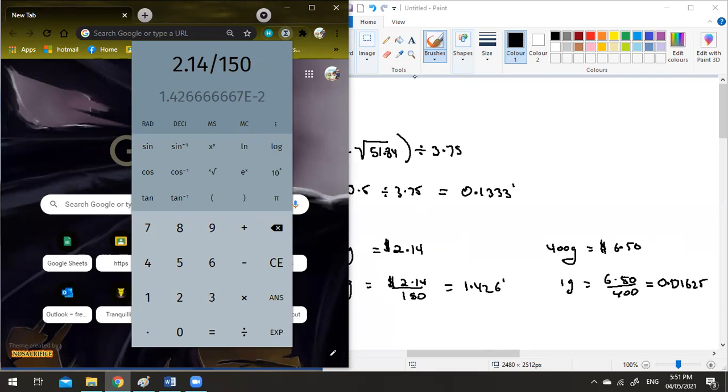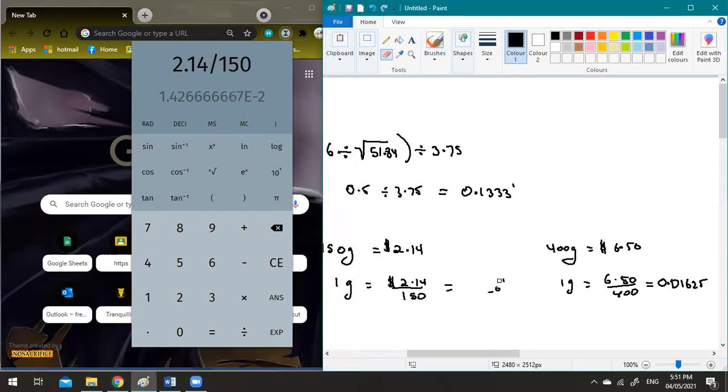I know that is wrong. Let me use the calculator that I have in front of me. So 2.14 divided by 150. Okay, 0.0142.